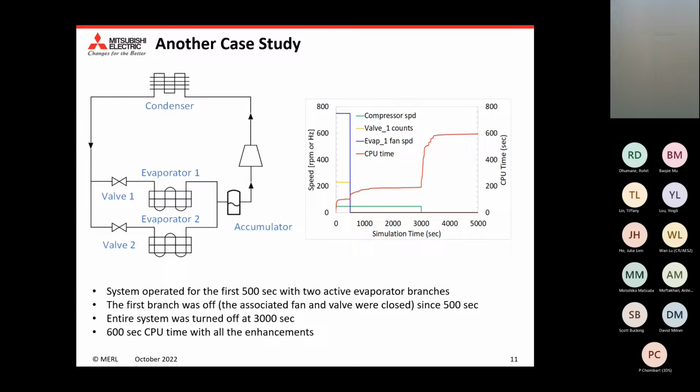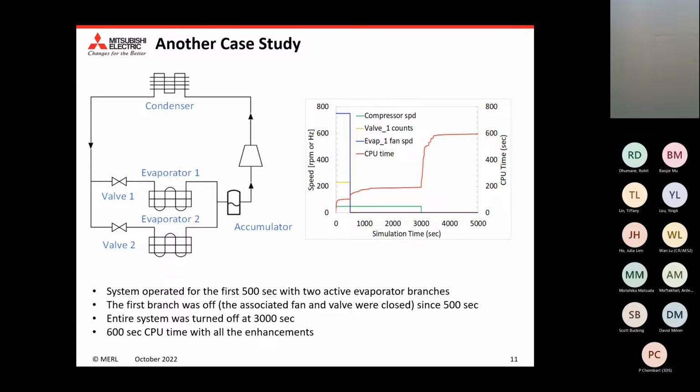So we have another case study here. We have 2 evaporator branches, and we also did a switch study. The system operated normally for the first 500 seconds with the 2 branches active, and the first branch will be turned off at 500 seconds, and the valve will be fully closed, and the fan, which I didn't show here, will be turned off as well.